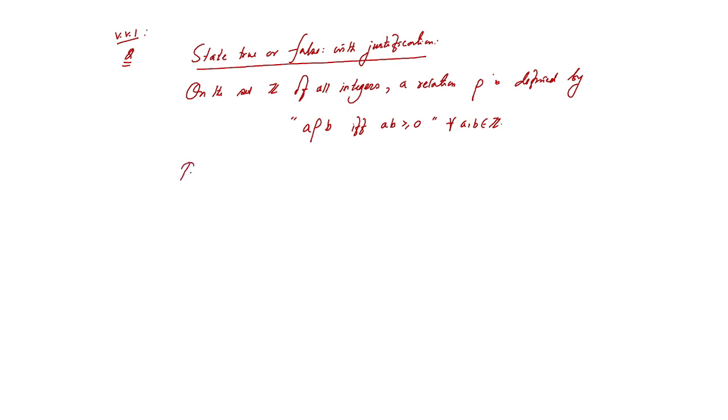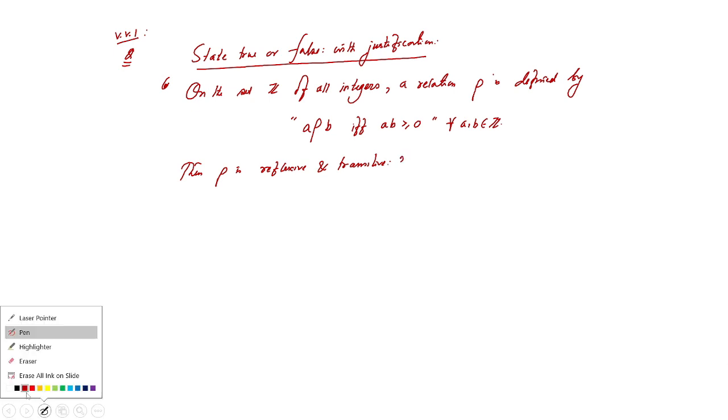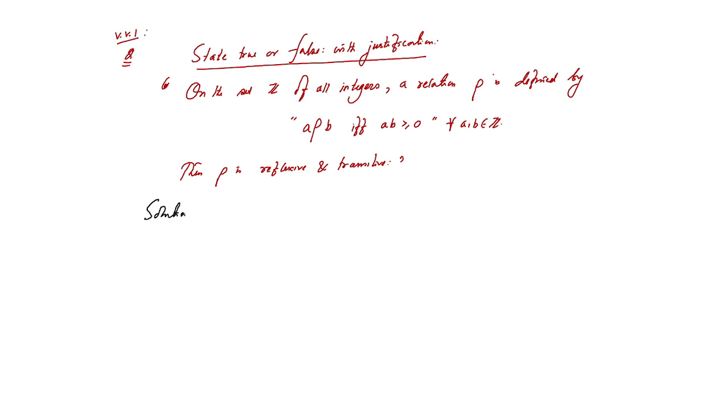Now then, rho is reflexive and transitive. So you need to show whether this whole statement is true or false, but we need justification. Okay. So in the solution we will give the comment.